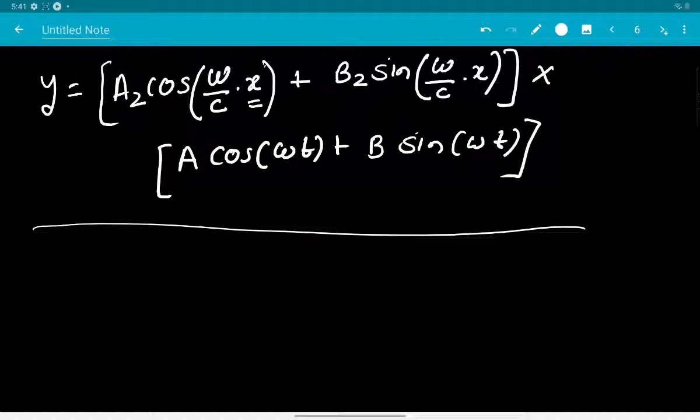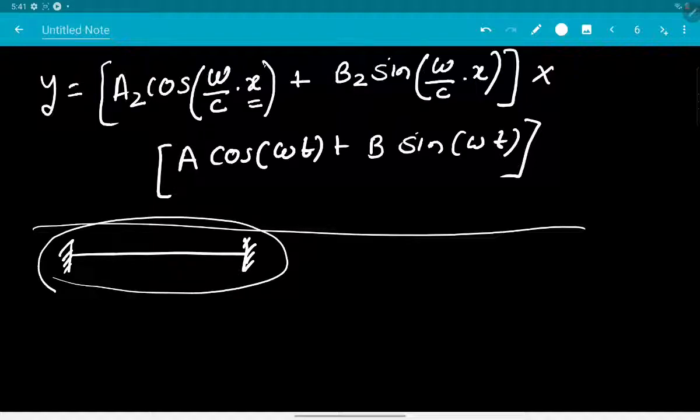So let's see the boundary conditions for the problem that we are tackling right now, which is that of a fixed string, a string which is fixed at both ends. You can have very different boundary conditions than this, but we are firstly considering this fixed string. So what are the boundary conditions that we have found out?